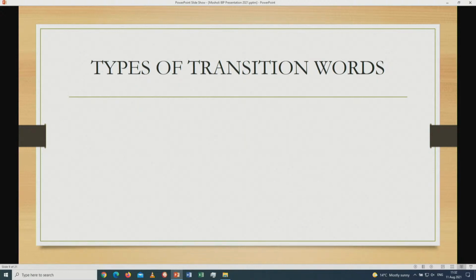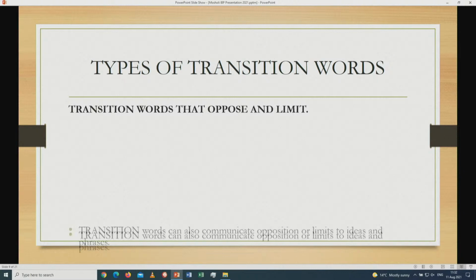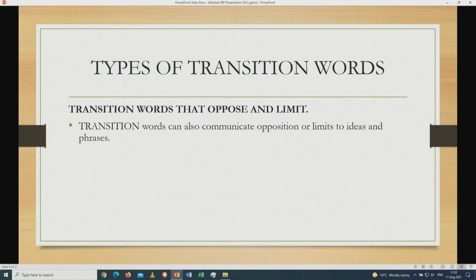Types of transition words. Transition words that oppose and limit. Transition words can also communicate opposition or limits to ideas and phrases.